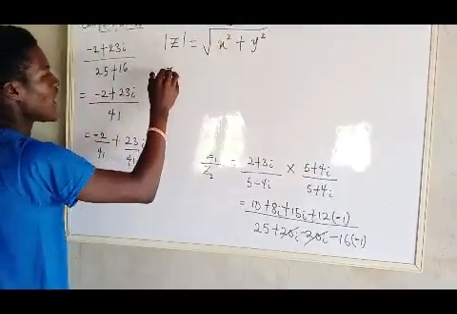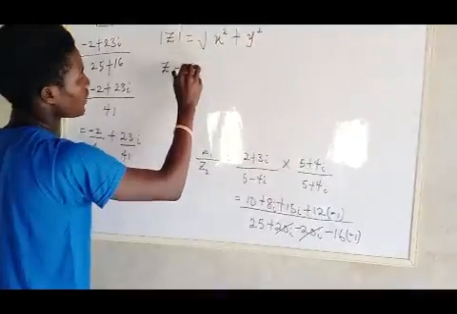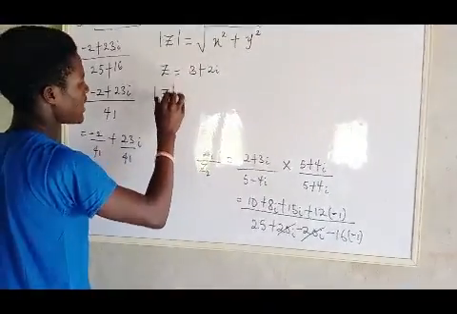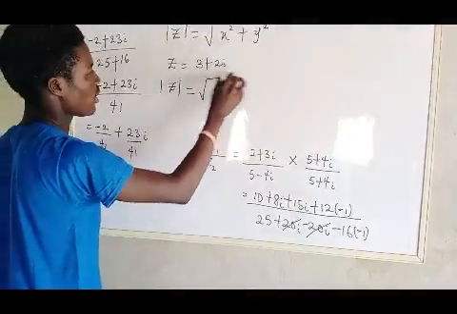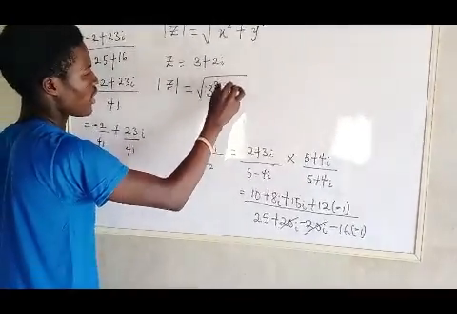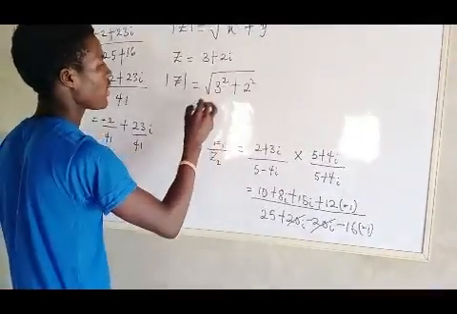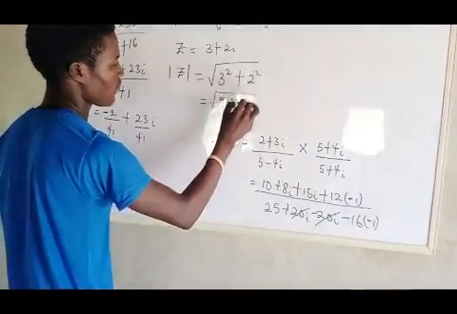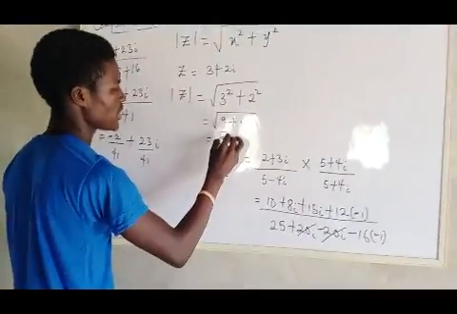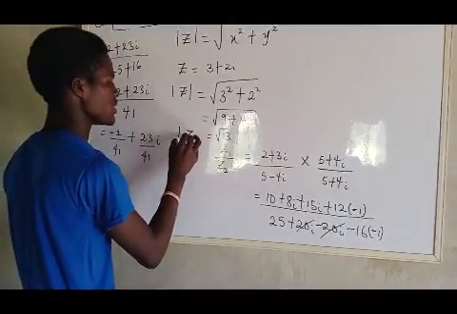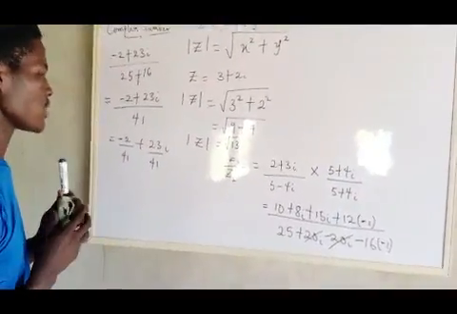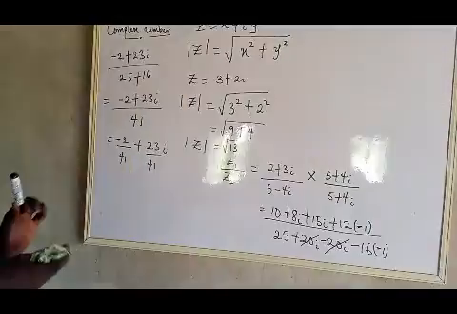That means if I have a question like 3 plus 2i, the modulus of my z will be the square root of 3 squared plus 2 squared. That will be the square root of 9 plus 4, which is the square root of 13. So this is the modulus of a complex number.